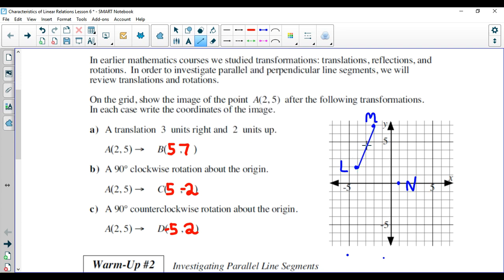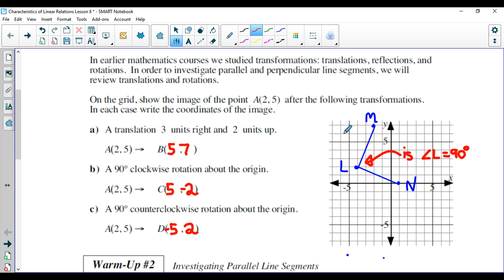So let's connect a line from M to L and connect a line from L to N. And then what it wants us to do is determine if the line segment ML is perpendicular to LN, because the question we're trying to ask right here is, is angle L perpendicular? Or is angle L equal to 90 degrees?